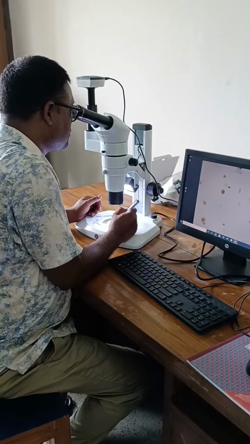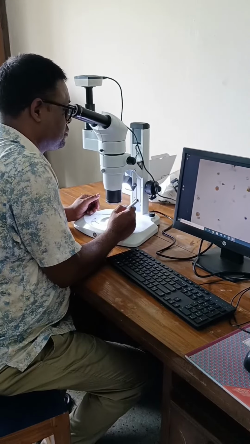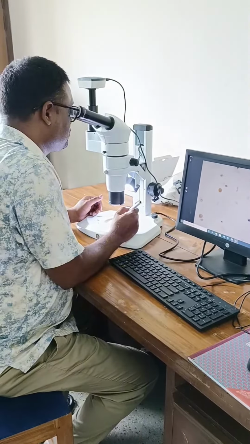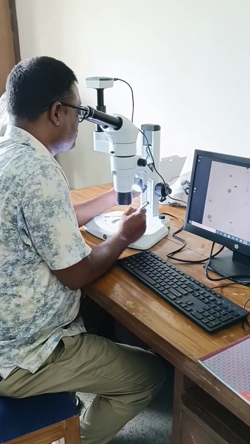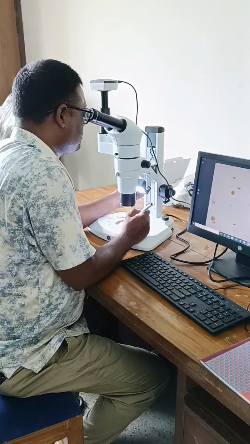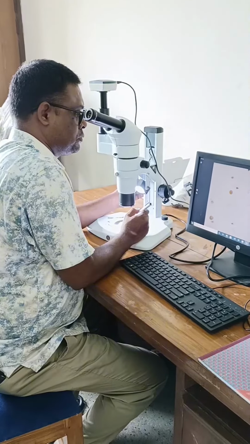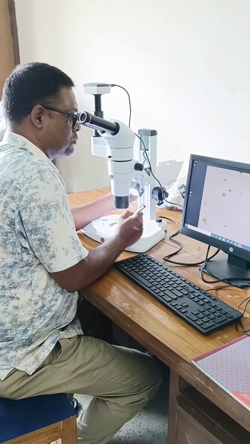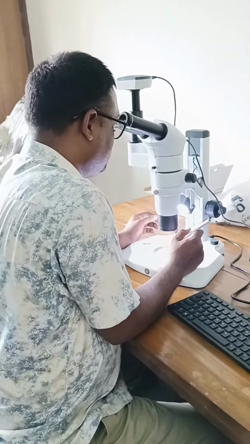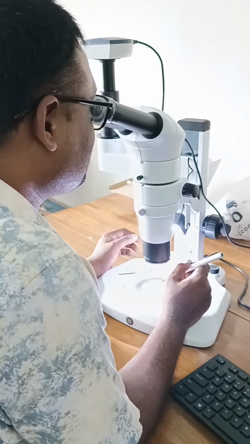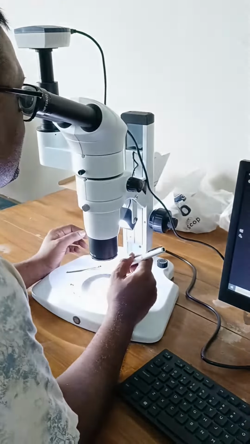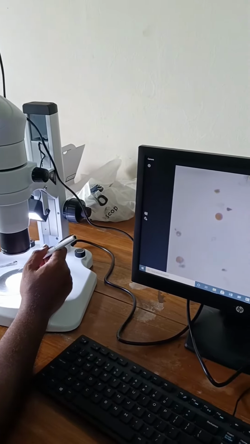As you know, we used a needle with glycerin for the collection of spore from the wash glass. Then we collected spore from the wash glass for the preparation of the slide.